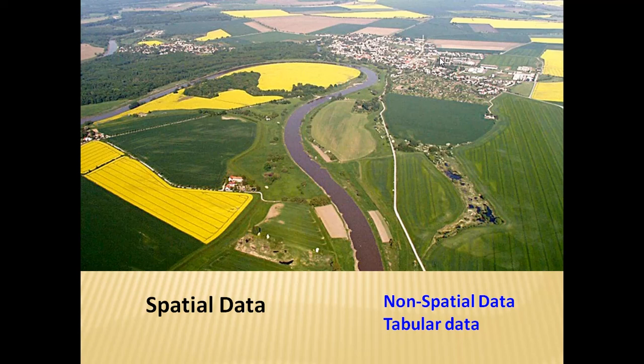Non-spatial data represents the inside of that area: how much area, how much length, how much width, how many students, how many classrooms, how many departments. It gives the depth of that area.